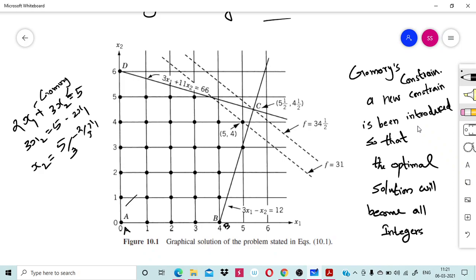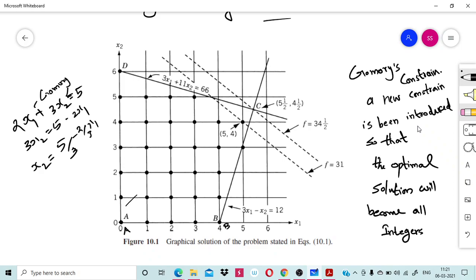So we will find a set of points in this region which are all integers.